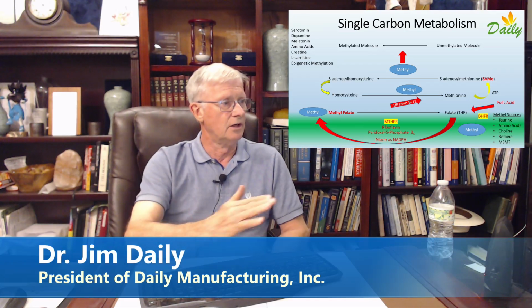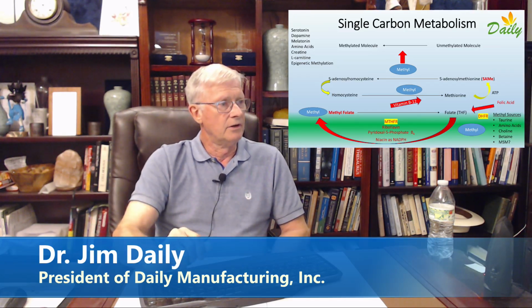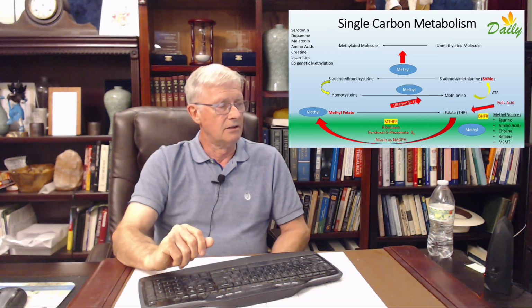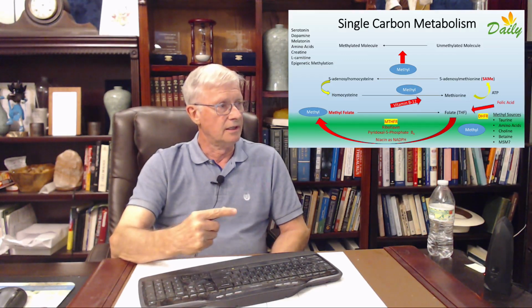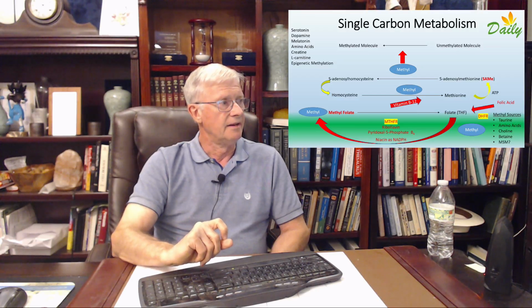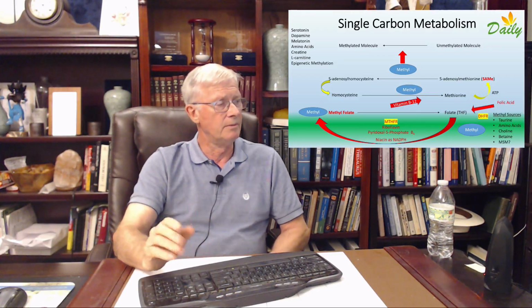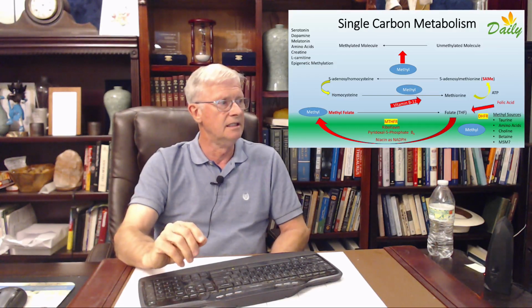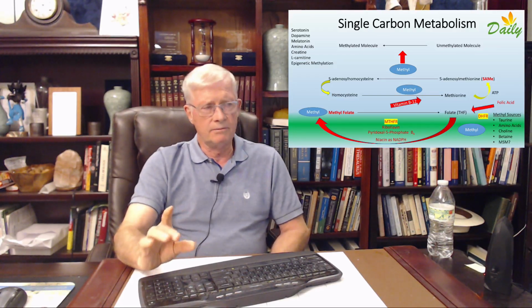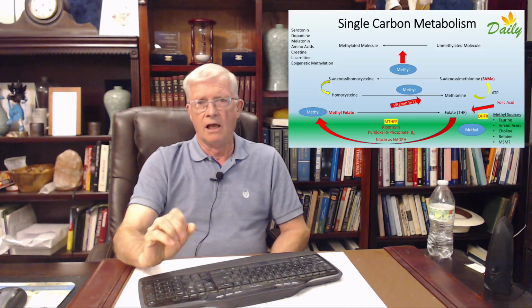And you can see it goes over, arrow going left from there, it becomes S-adenosyl homocysteine. When the methyl's removed, it goes up to an unmethylated molecule. To the left, it becomes methylated. And that can be serotonin, it can be dopamine, melatonin, amino acids, creatine, L-carnitine, epigenetic methylation, all of these kinds of things.